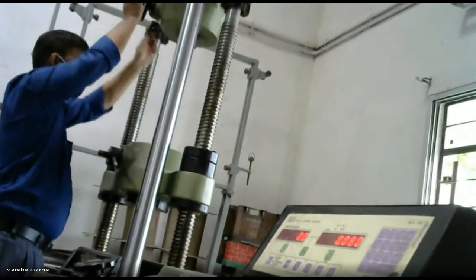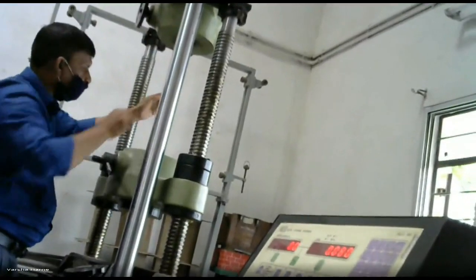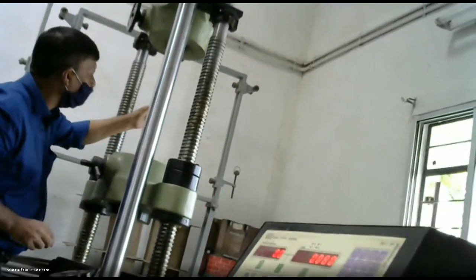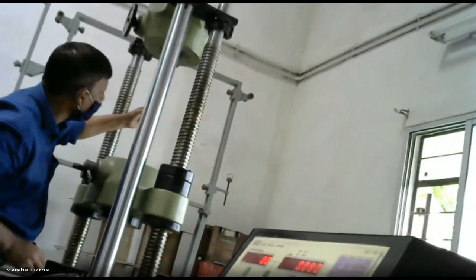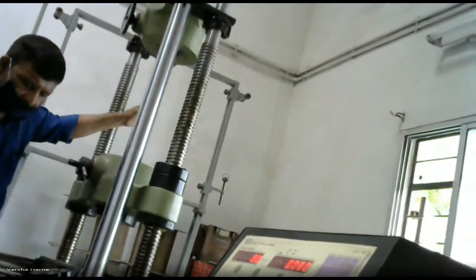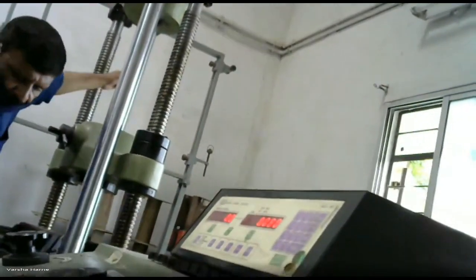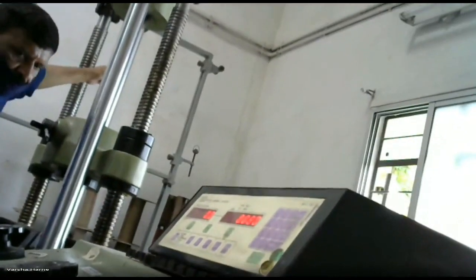The wedge is there, which is required to fix the rod. Similarly the movable crosshead is also there. You have to move it up and down by using the particular key. See here.